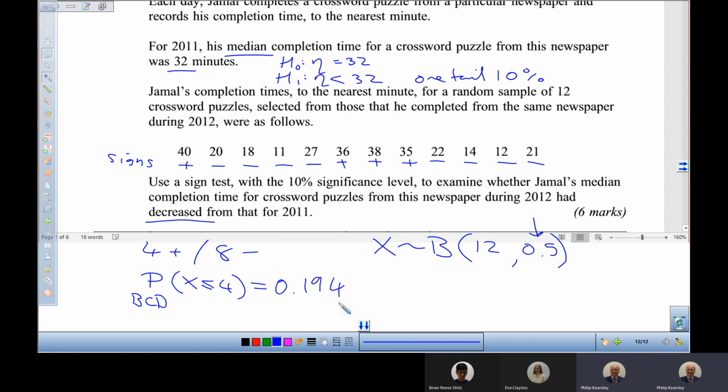You did it as a BCD. Now what do you compare it against? 1 till 10%. So we do compare against 10%. That is bigger than 10%. 10% written as a decimal, 10 over 100, 0.1.